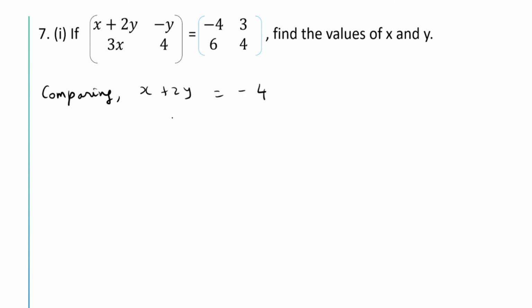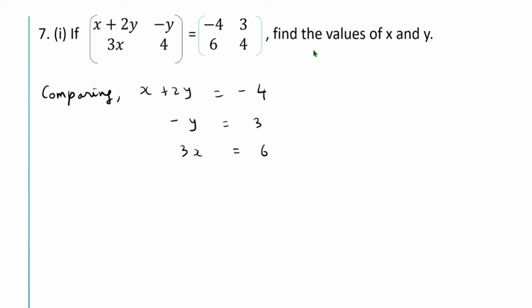Then the element in the first row, second column, minus 5, is equal to the corresponding element, that is 3. So minus 5 is equal to 3. Then comparing the element in the second row, first column, we get 3x is equal to 6. And 4 is equal to 4. So this 4 is equal to this 4.